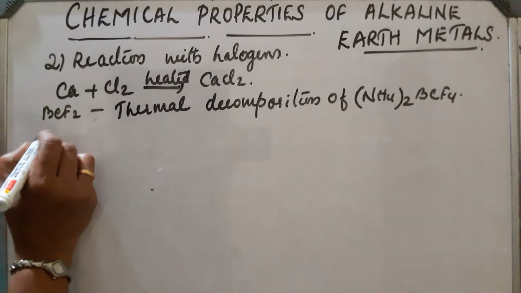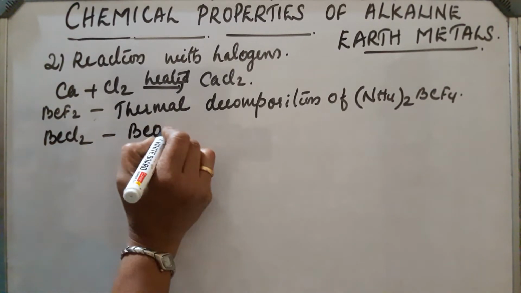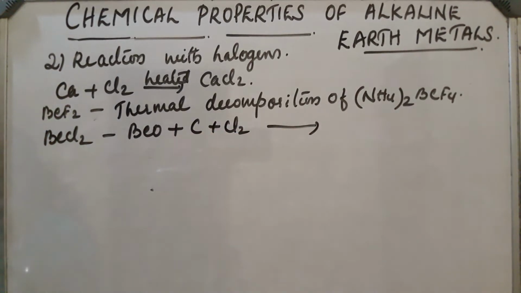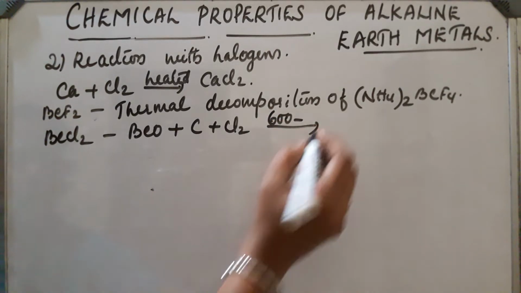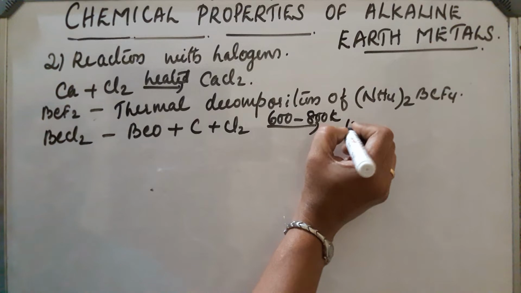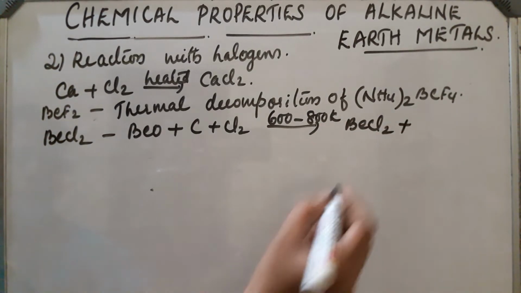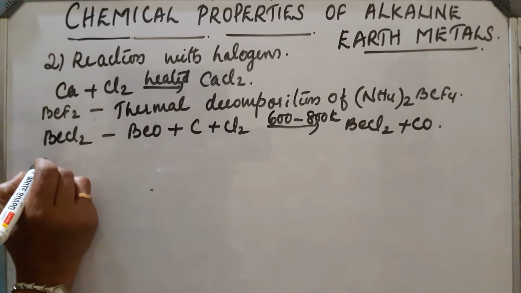BeCl2 can be obtained from its oxide, and the reaction is BeO plus carbon plus Cl2 at a temperature of 600 to 800 Kelvin, giving BeCl2 plus carbon monoxide. By this method only BeCl2 can be prepared.